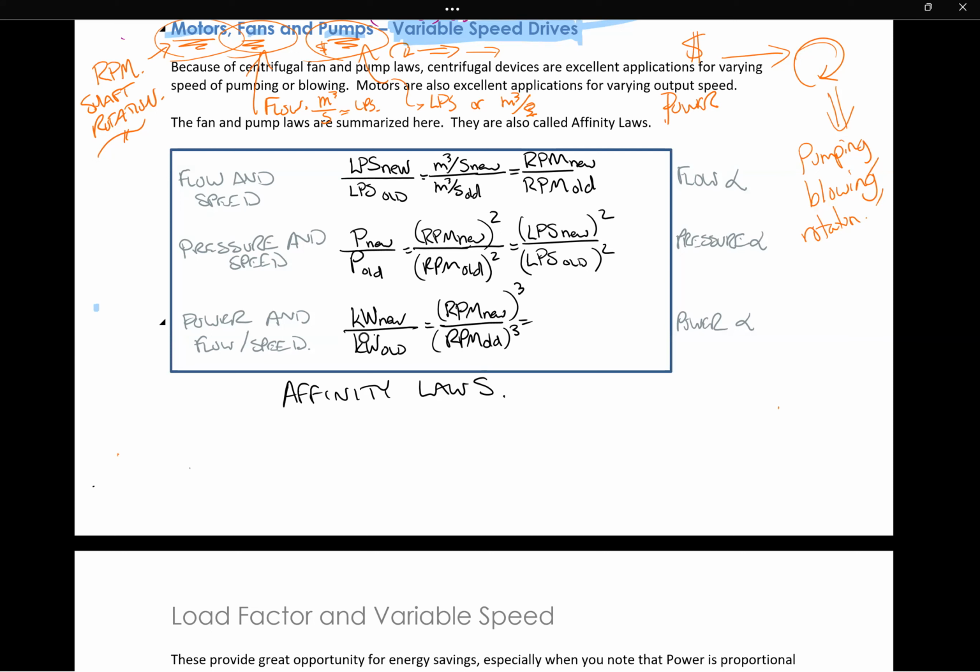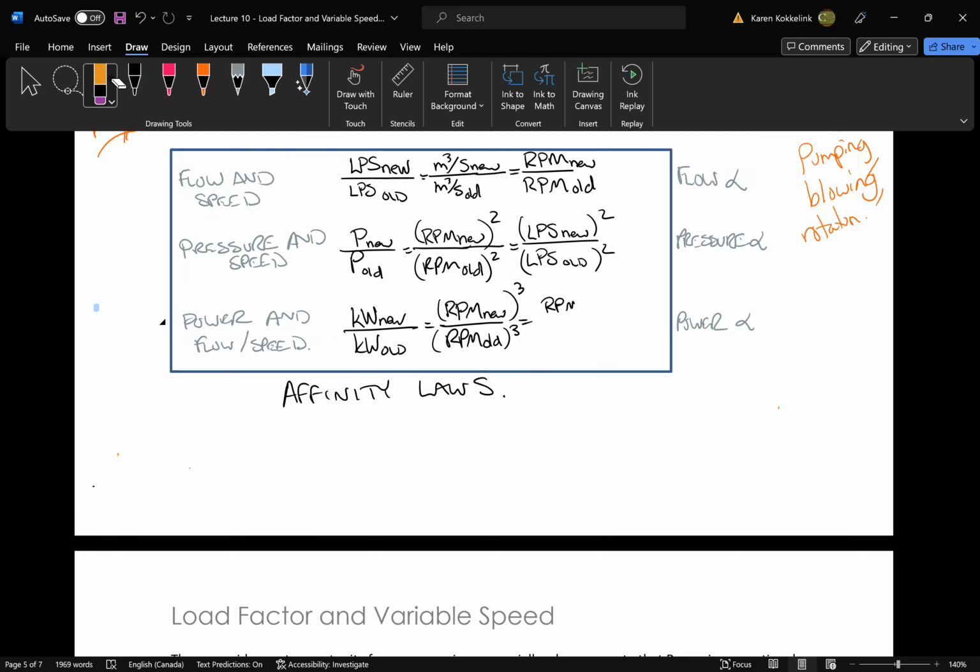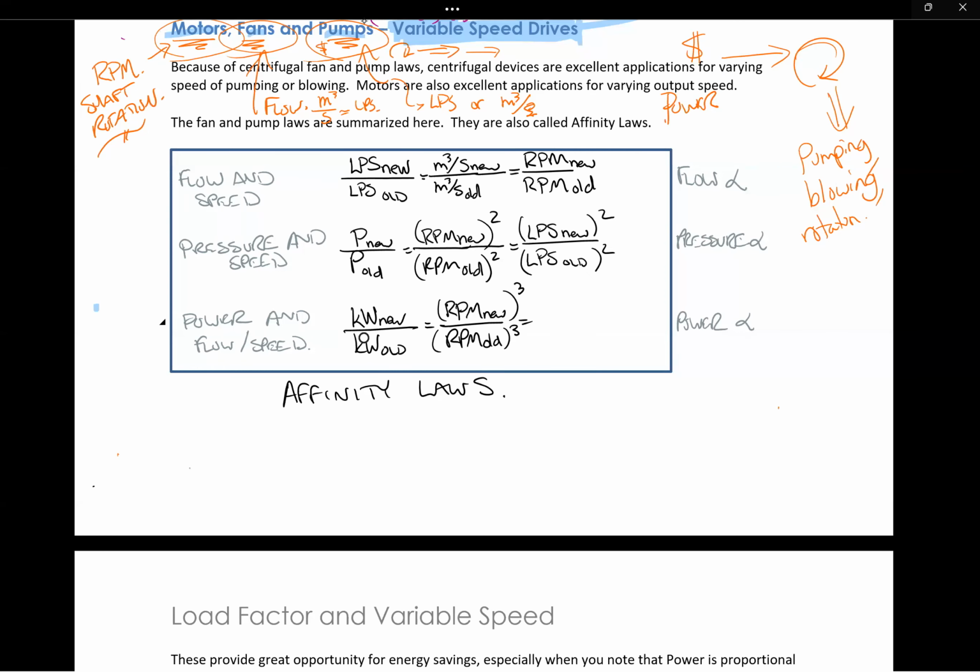If we take out all of the other variables and look at our power and our rotational speed, it's actually a cubic relationship. And same with that of flow.